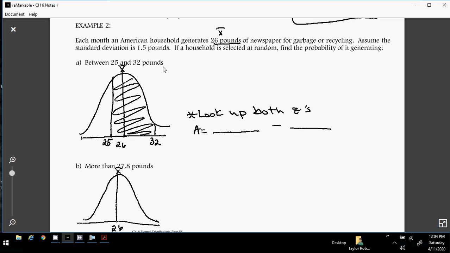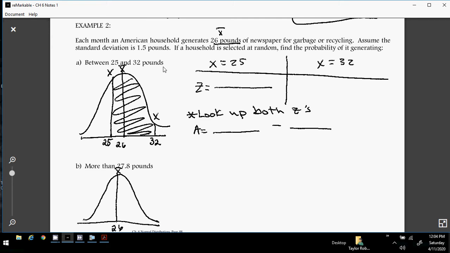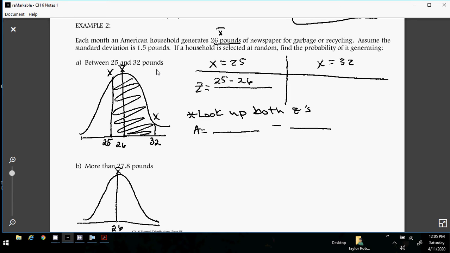Well, I can use both of these x values, 25 and 32. Okay, so we're going to find our z's. Remember, your z equation is x minus x bar. So I'm going to do 25 minus 26, and for 32, it's going to be 32 minus 26.